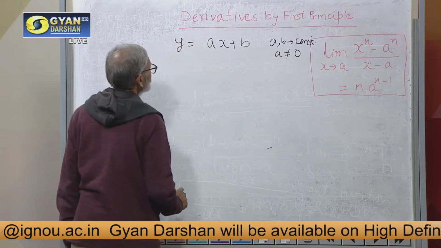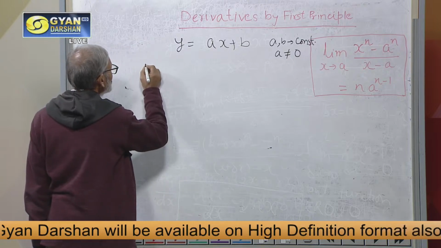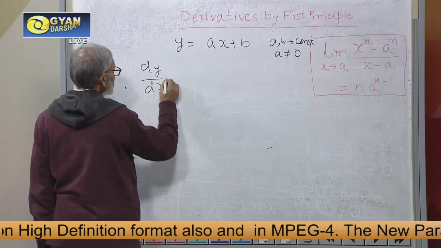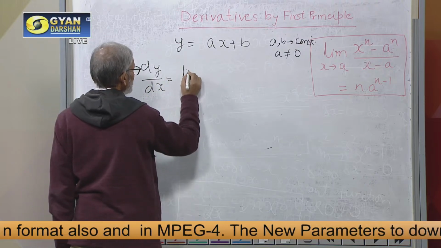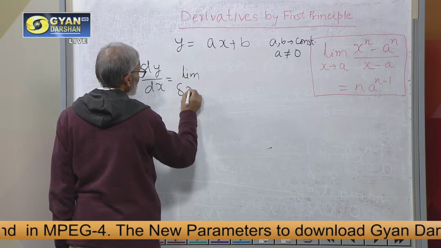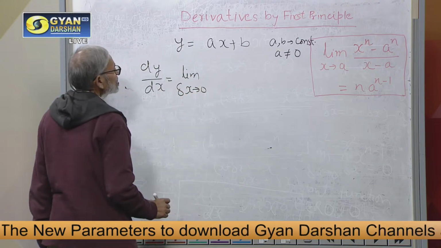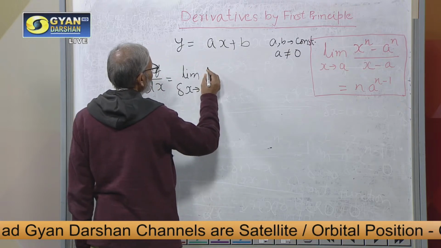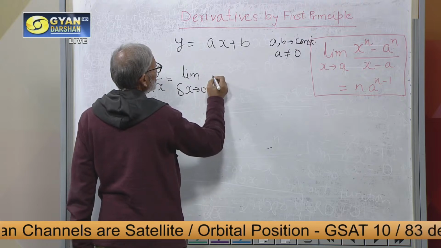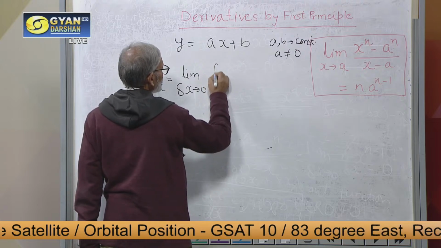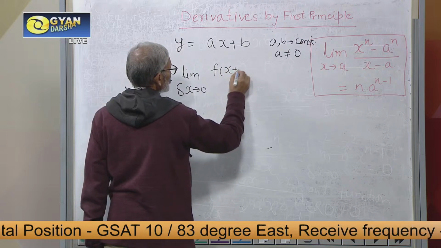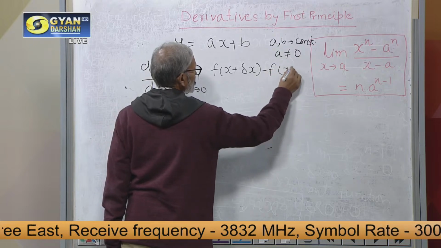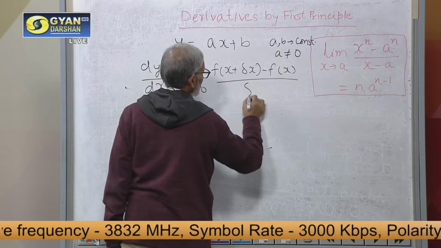Okay. So by first principle, dy by dx will be equal to limit delta x tends to 0 of f of x plus delta x minus f of x, divided by delta x.